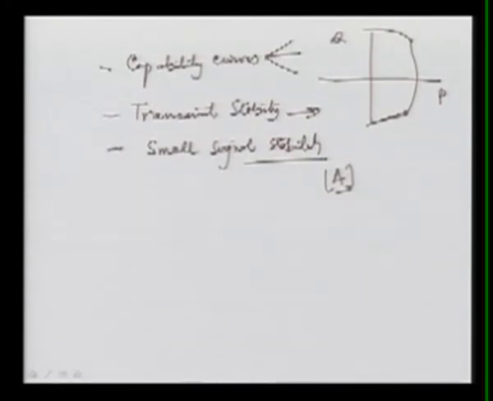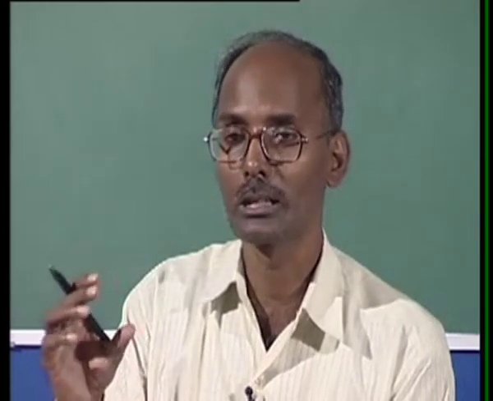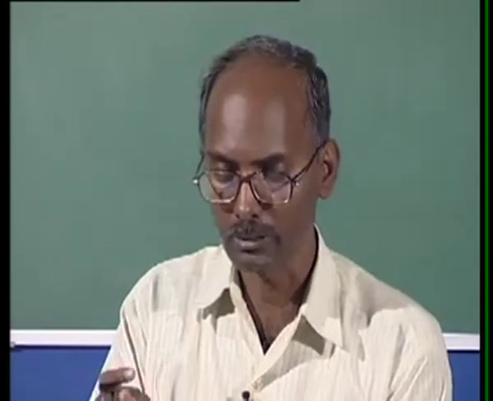We use eigenvectors, eigenvalues, and participation factors for this. Small signal stability is especially related to small oscillations in the power system. So how can we improve it? Already we discussed some of the modal analysis. We also saw some improvement methods for small signal stability as well.